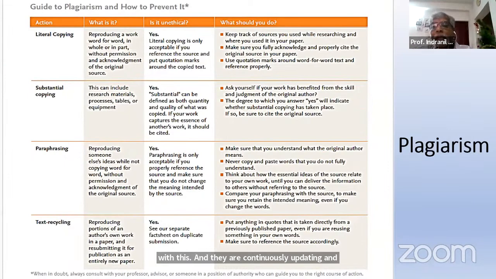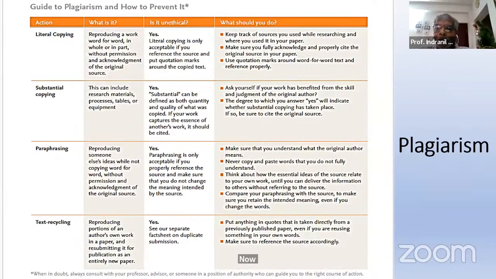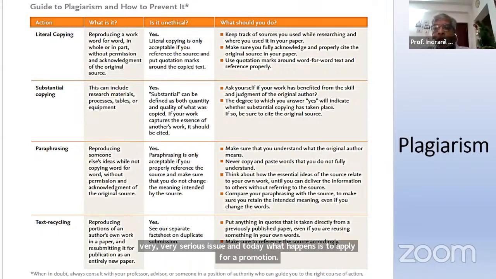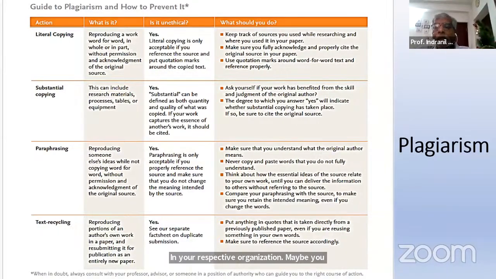And now comes plagiarism. Those of us who have been in research know it's a very, very serious issue. Today, if you apply for a promotion in your organization, maybe you are an assistant professor and you wish to be promoted to associate professor, then your publications will also undergo, even your published papers.